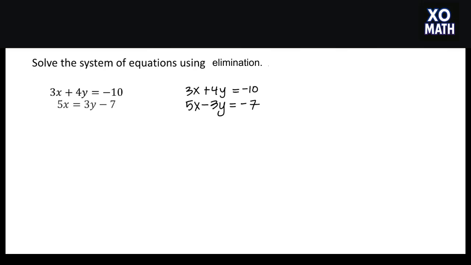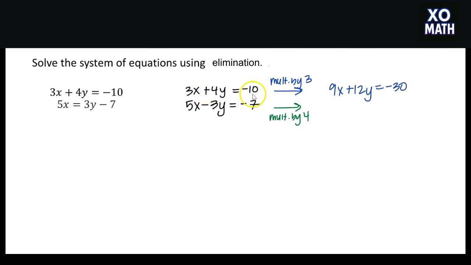So we're going to multiply the top equation by 3, and the bottom equation by 4. Our top equation is going to become 9x plus 12y is equal to negative 30.